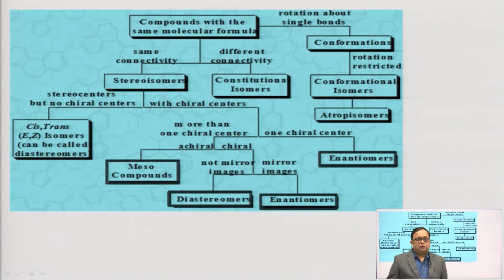So, today we will see what methods are available for the determination of configuration of geometrical isomers. Before proceeding further, let me tell you what we have discussed in our previous lectures. We have discussed what isomers are and how they are classified, whether they have the same connectivity or different connectivity, or rotation around the single bond.